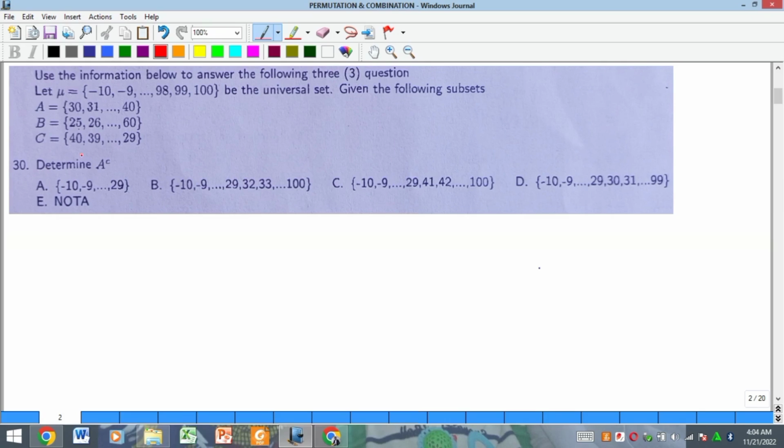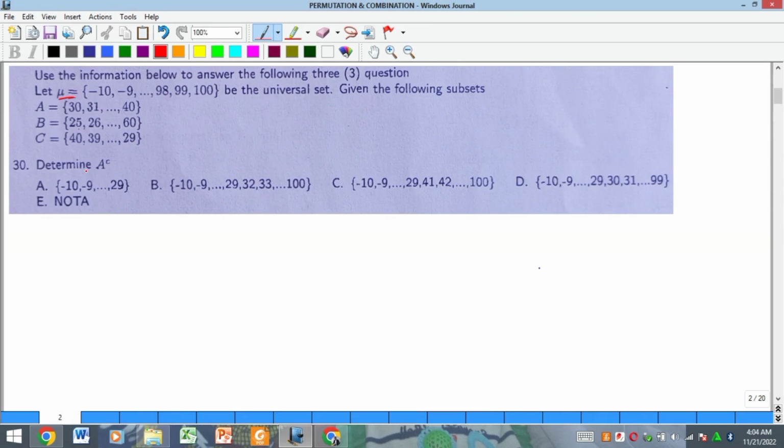It says that you are given a universal set, which is this, and that's minus 10 up to 100. And then A is from 30 to 40, B is 25 to 60, and C is 40 down to 29. Okay, so we can actually list these elements if we want.